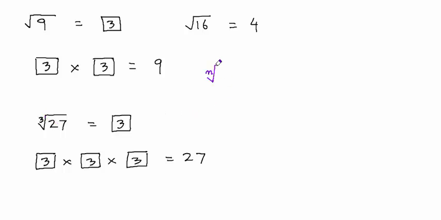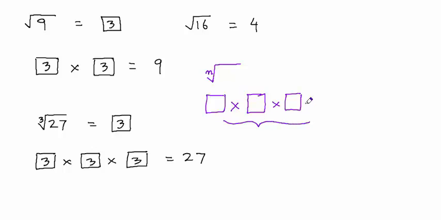So essentially, when you want to find the nth root of a number, we want to find the other number that multiplies with itself n number of times. Remember, this n is a number. So this multiplication goes on with the same number n times, so that the answer to the multiplication is the number that you see under the root.